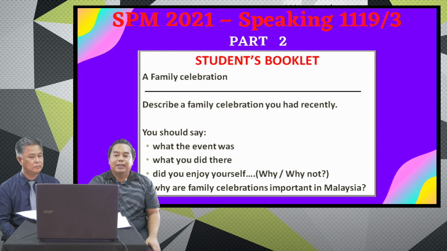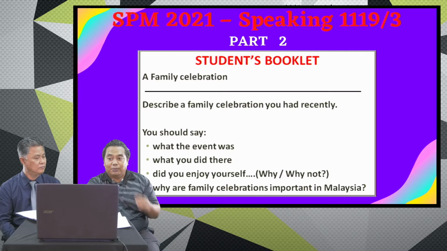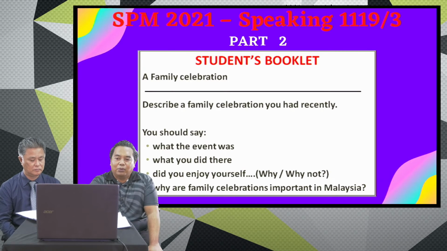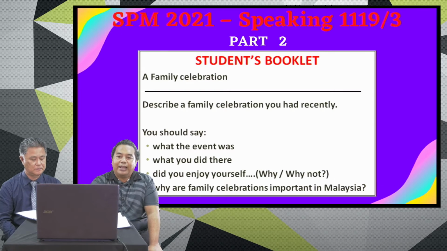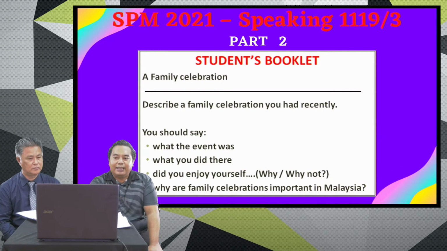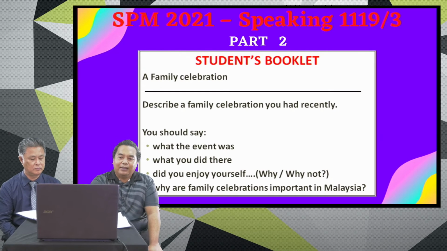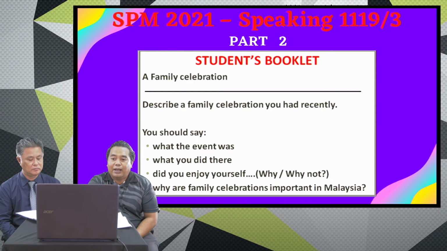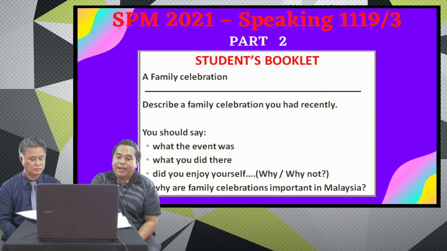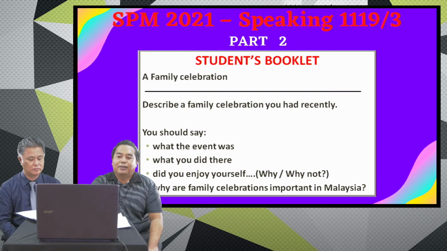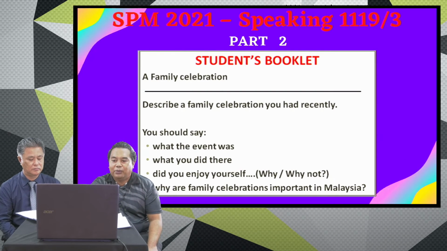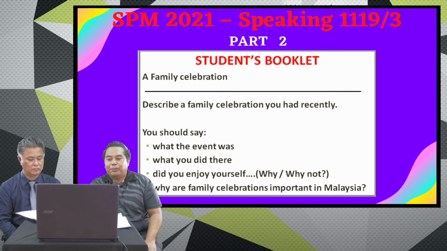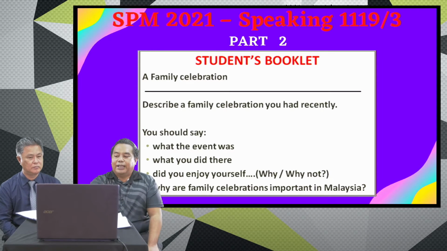The student will be given time to read the booklet and then prepare in their mind what they are going to say about the family celebration. And then after the time is finished, they will have to elaborate on a family celebration based on the notes given: what the event was, what you did there, did you enjoy yourself, why are family celebrations important in Malaysia. Okay.